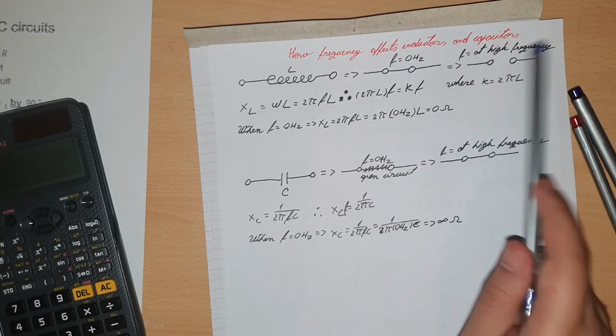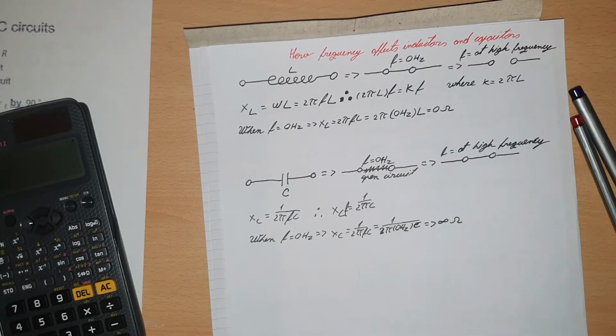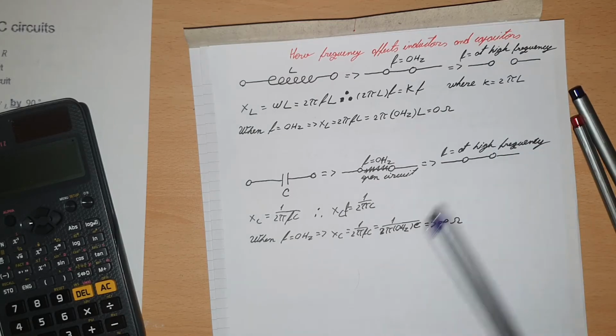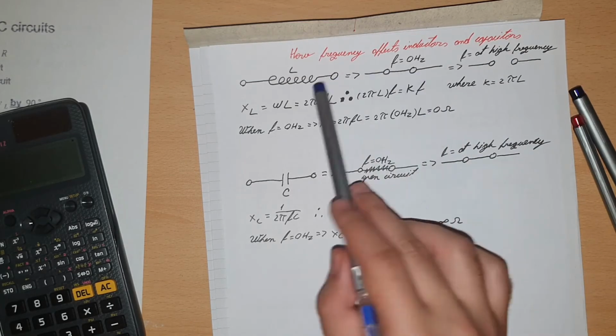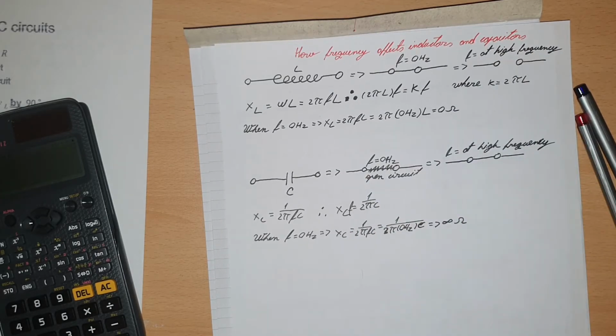At high frequency, depending on the circuit what high frequency means, the inductor will act as an open circuit. So at low frequency, a lot of current goes through. At high frequency, no current goes through.